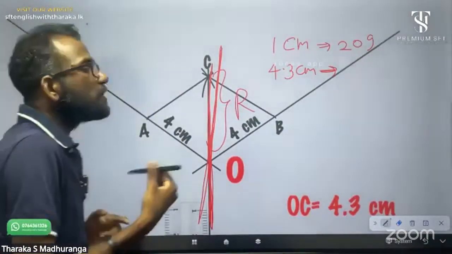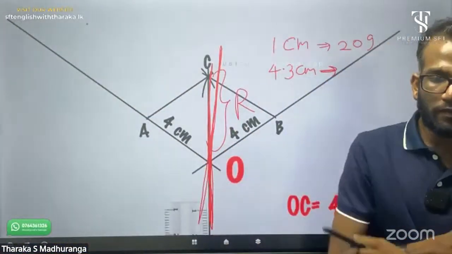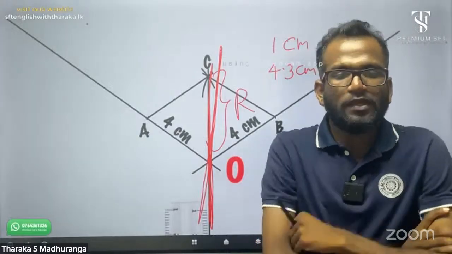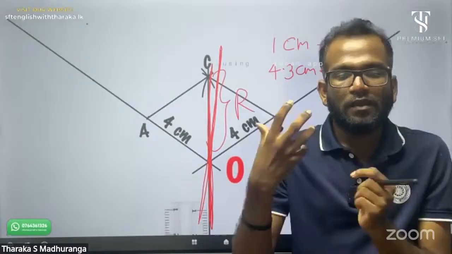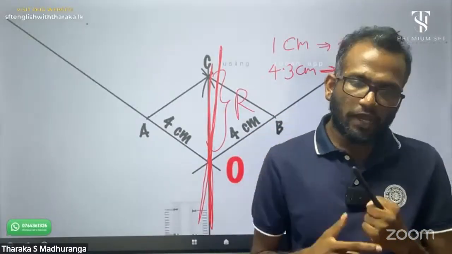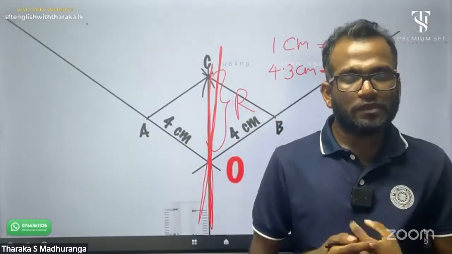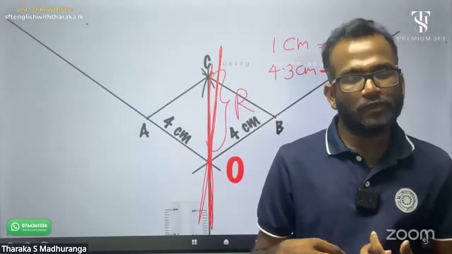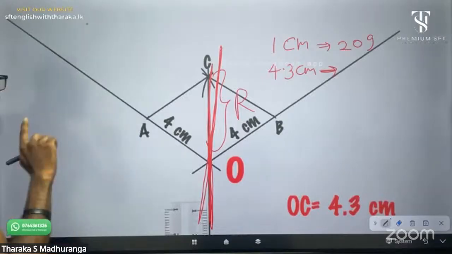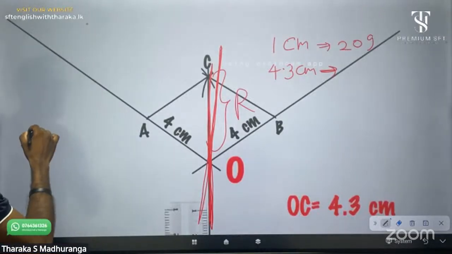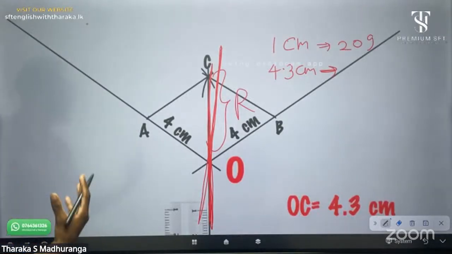Okay, what are the reasons for these practical errors? That one is also an exam question. One reason is that the pulleys have some friction. That's one experimental error. Pulleys have some friction force.